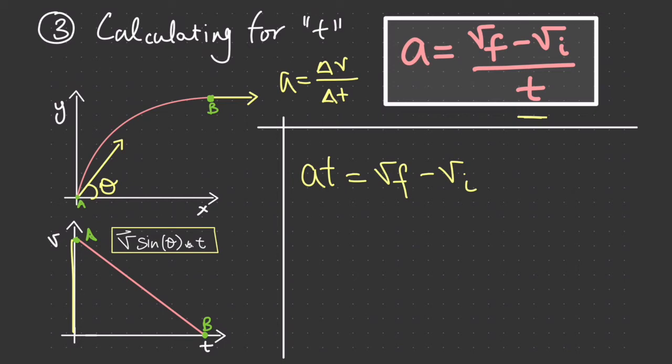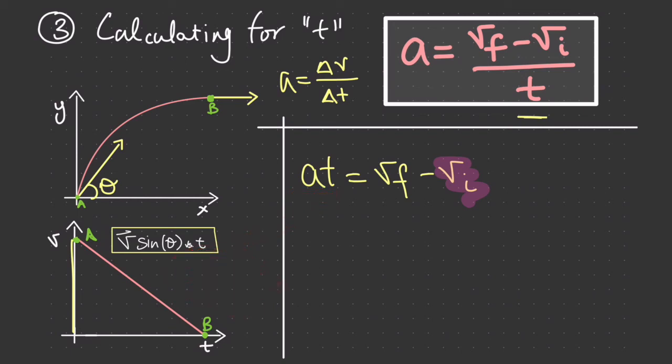Now, if you look at the graph carefully, we're actually given the initial velocity. The initial velocity would be the velocity at the start of this system, which is at point A, and as we know, this velocity is the launching velocity, the vertical component, which is v sine of theta. So we can substitute that in, and we also know that a must equal negative g, so we can substitute that in too.